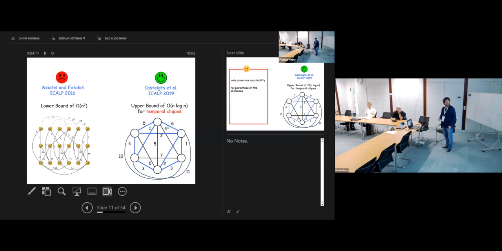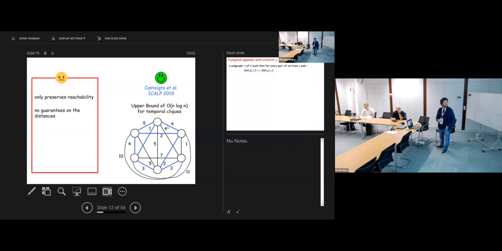Let me point out that this construction only preserves temporal connectivity between pairs of vertices. That means that for any pair of vertices, there is a temporal path in the spanner, but there is no guarantee on how long this path is. So we want to provide a better guarantee.